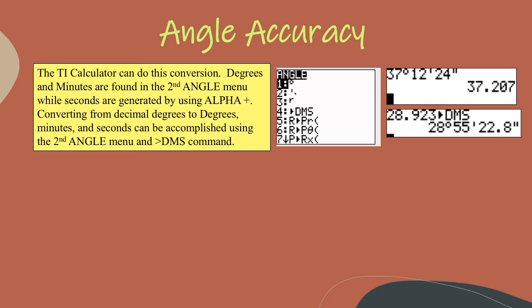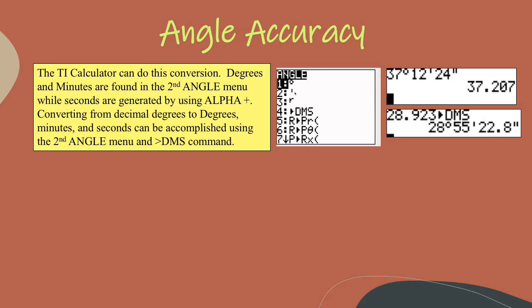Converting from decimal degrees to degrees, minutes, seconds can be accomplished using the second angle menu and the arrow DMS command. We see the second angle menu, and notice we use the first 2, and then the 4th.